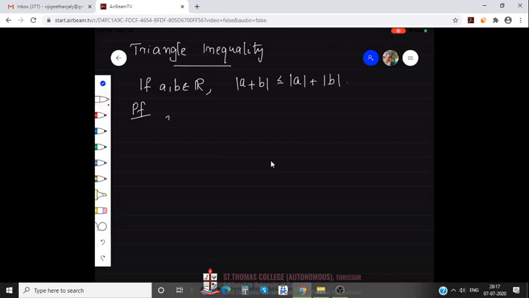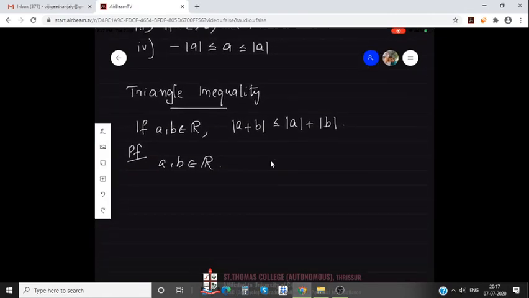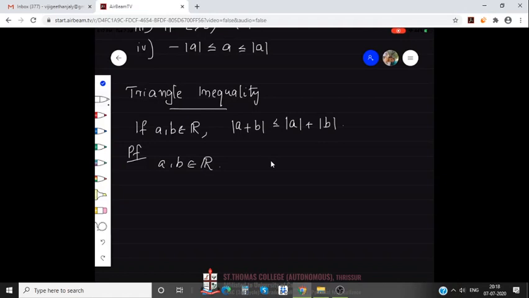We are given that a and b are real numbers. By the previous theorem, look at the last result: minus modulus of a less than or equal to a less than or equal to modulus of a.